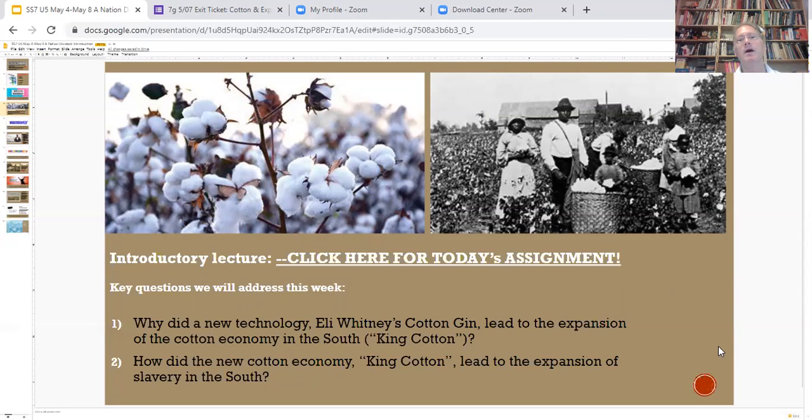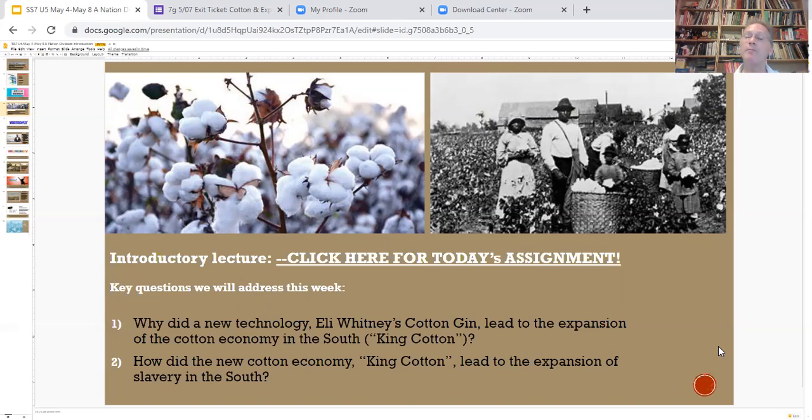And it required a lot of slaves actually to de-seed, to clean this cotton, which made it a little too expensive, really, to exploit the kind of cotton that grew in the continental United States.